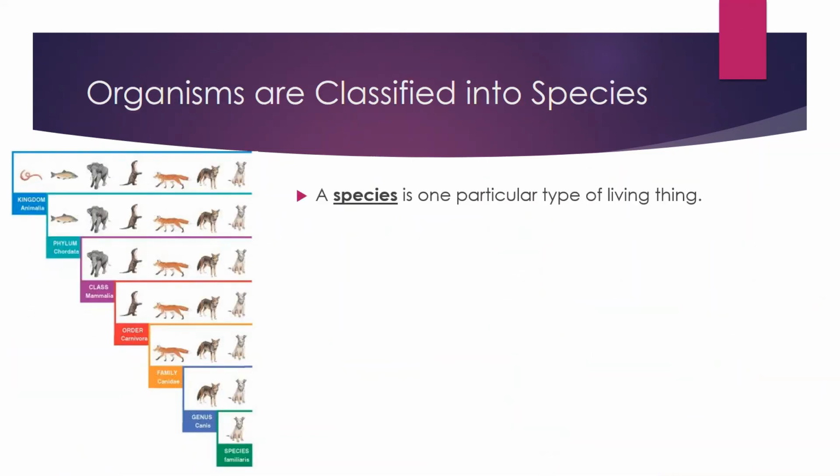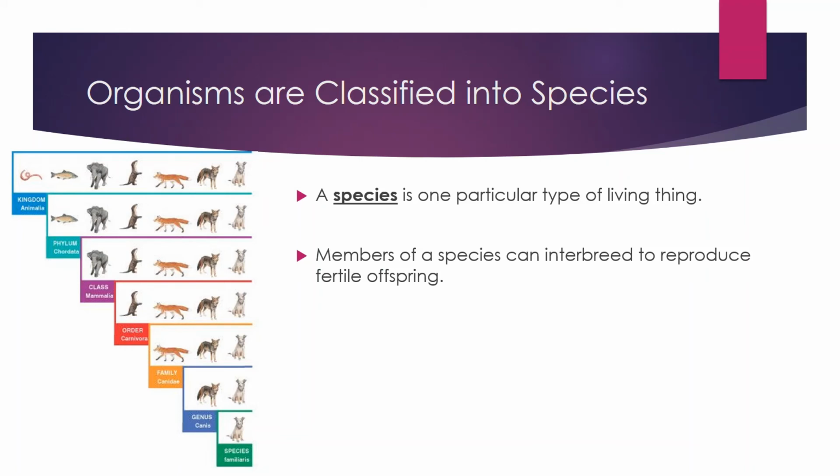All right. Organisms are classified into different groups. So you might remember this from elementary school: kingdom, phylum, class, order, family, genus, and species. A species is one particular type of thing, and members of a species can interbreed and produce fertile offspring.